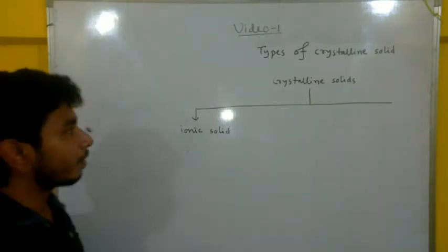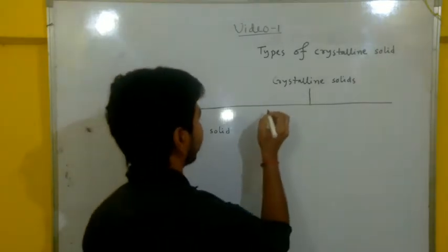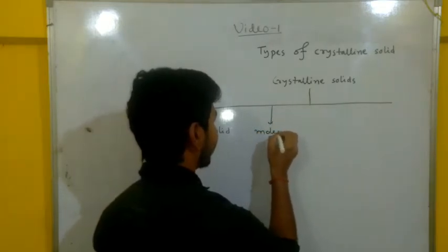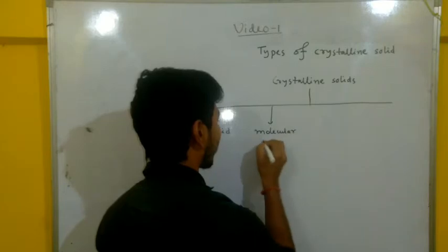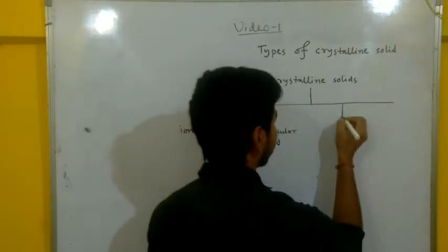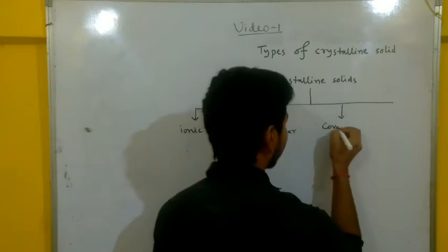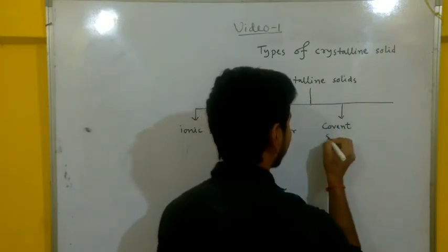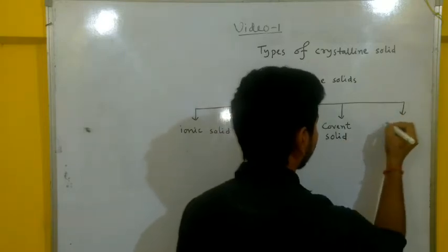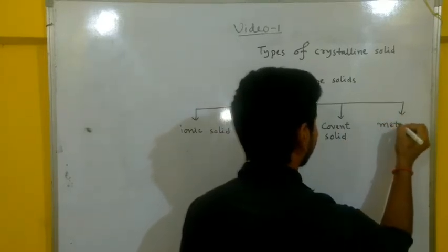Another is molecular solid. Another is covalent solid. And last one is metallic solid.